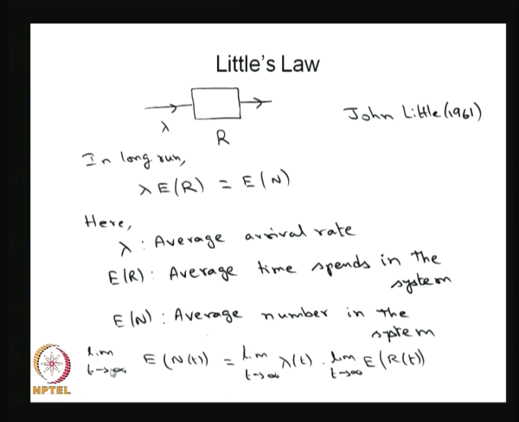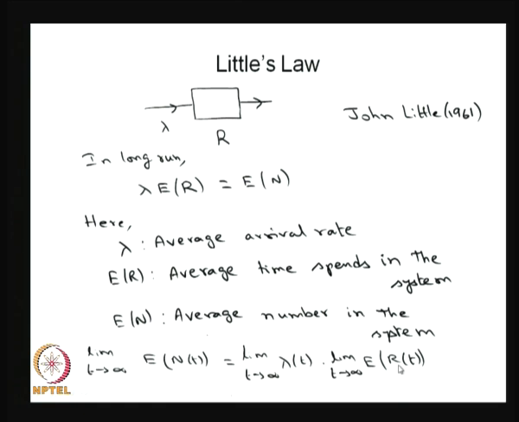Indirectly it says that whenever the system has a long run in a stable system, the expectation of the average number of customers during the interval 0 to t, as t tends to infinity, has a limit, the expectation of N. And the arrival rate lambda of t, the mean arrival rate as t tends to infinity, also has a limit, a constant lambda.